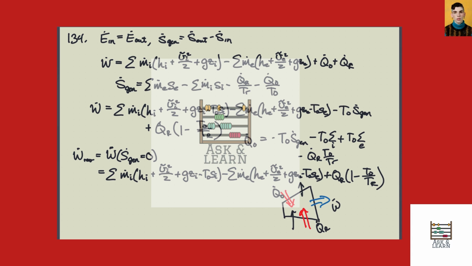And check my math on this, but if you plug this into here, right, then you get the minus gen, and then you get this minus term here, right? So it's this, and then we subtract off the inlet entropy stuff and add in the exit, so minus plus. So yeah, this should be positive.